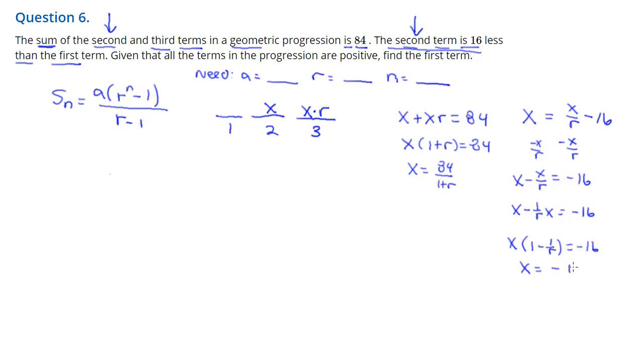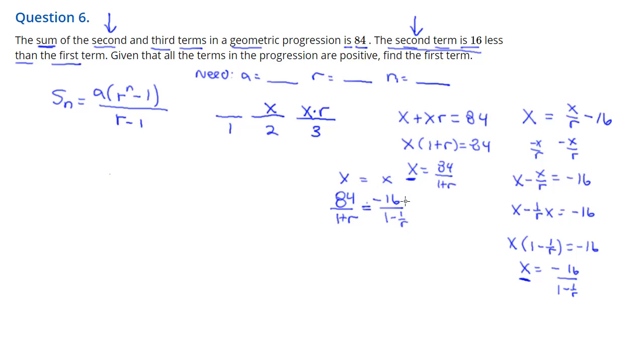And so if I get the X by itself, I just divide by 1 minus 1 over R. All right, so I've got both of my pieces of information equal to X. So now I can make them equal to each other. That would mean 84 over 1 plus R is equal to negative 16 over 1 minus 1 over R.